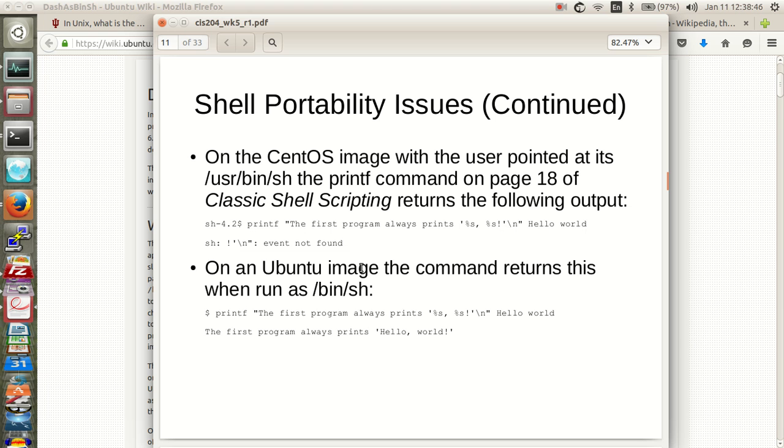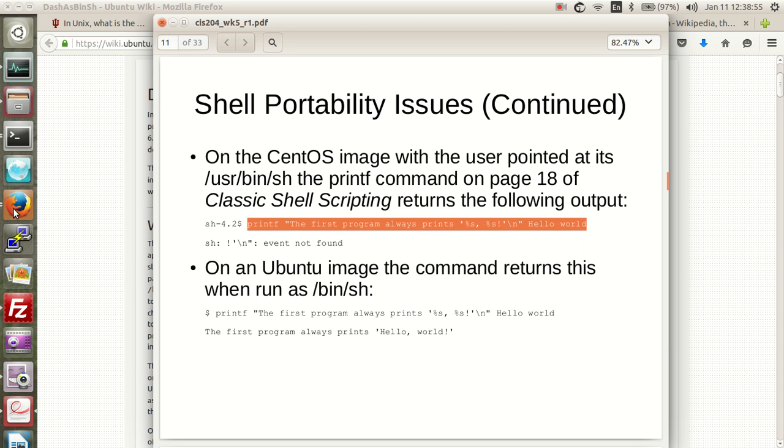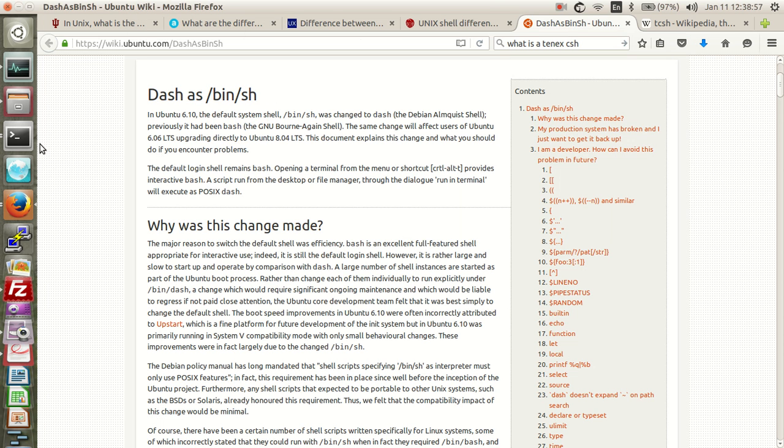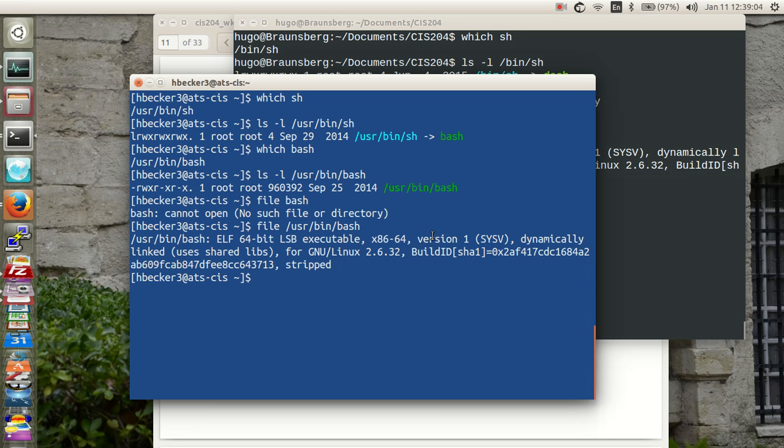So if I try this command in the CentOS environment, I'm going to come up with an error.